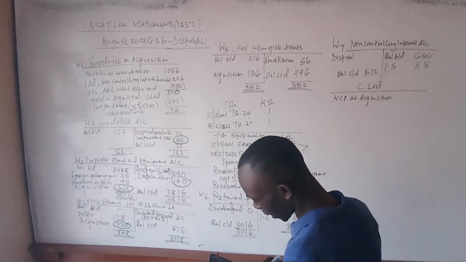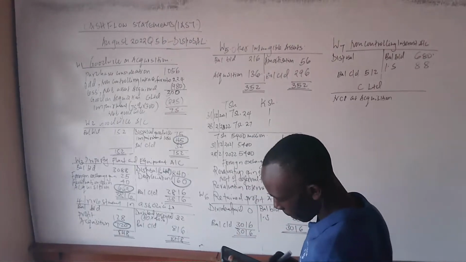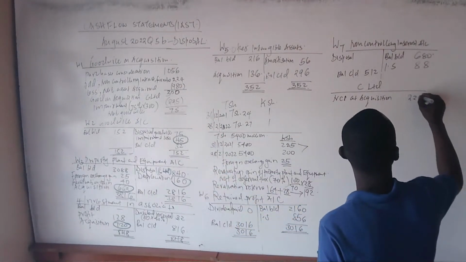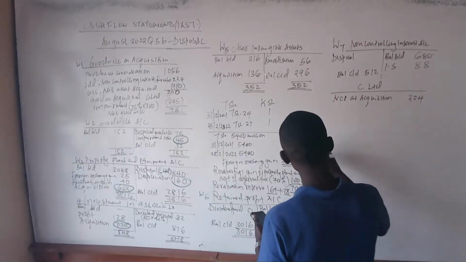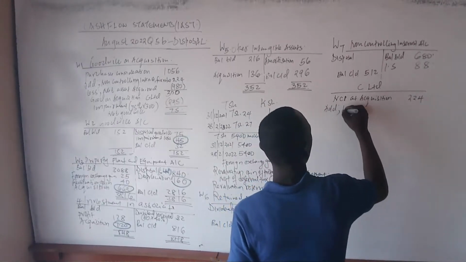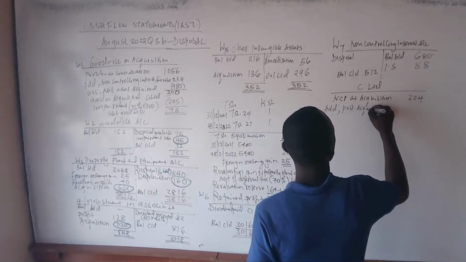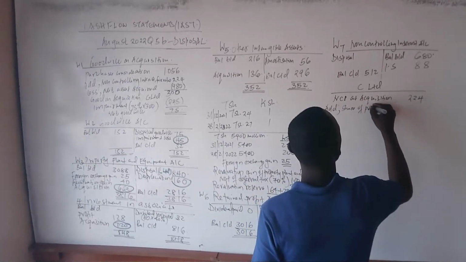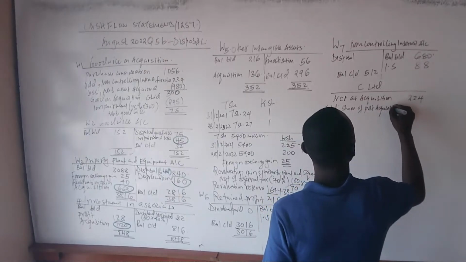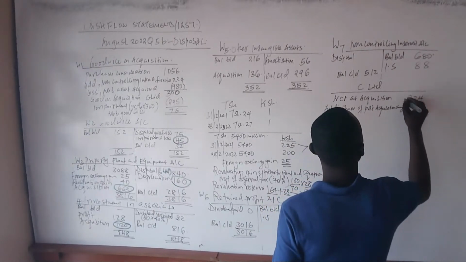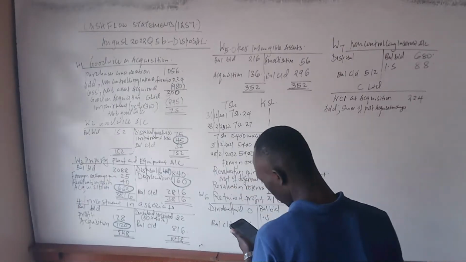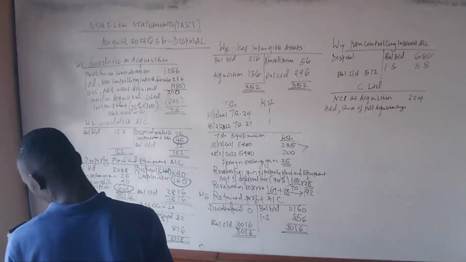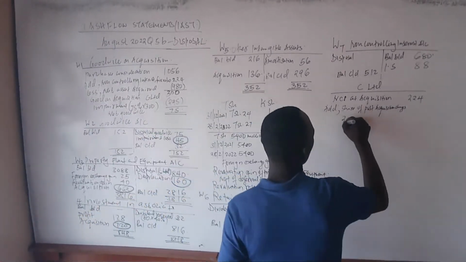How much did we have as NCI at acquisition? It is here, 224. Then from there, we need to add the share of post acquisition changes. Remember, we acquired 80%. Therefore, we did not control which percentage? 20%. We didn't control 20%.